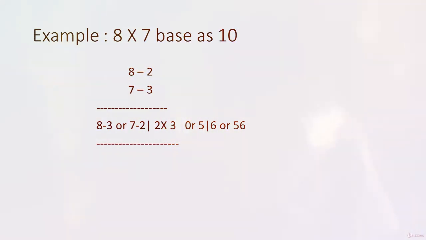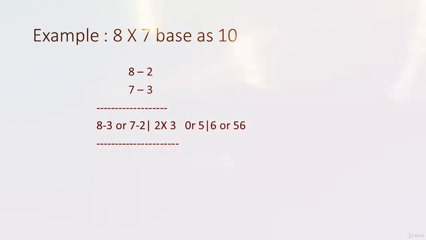For calculating the left hand side part of the answer, we will do the cross addition, that is 8 minus 3 or 7 minus 2. Both of these will give us the same answer, that is 5. So 5 becomes the left hand side portion of the answer.